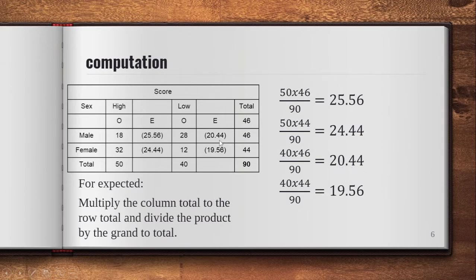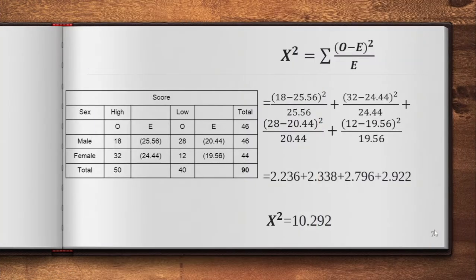Then 40 times 44 over 90, the grand total, is equal to 19.56. So, these are the expected frequencies. Now, in computation in this table, we have to follow the formula in the chi-square test of independence. Here it is. So, we have O.